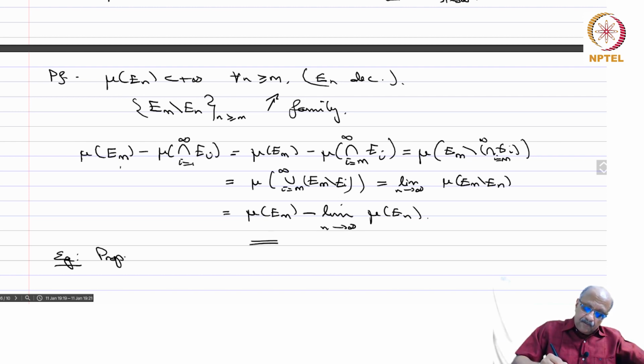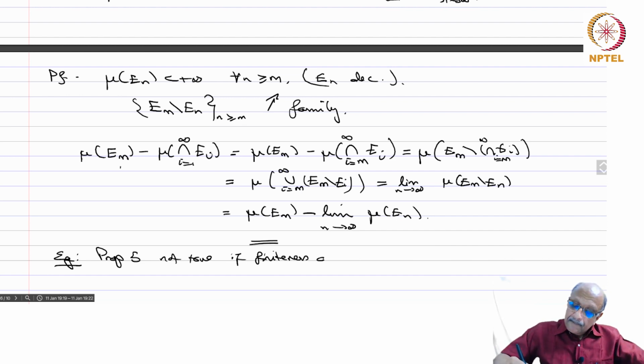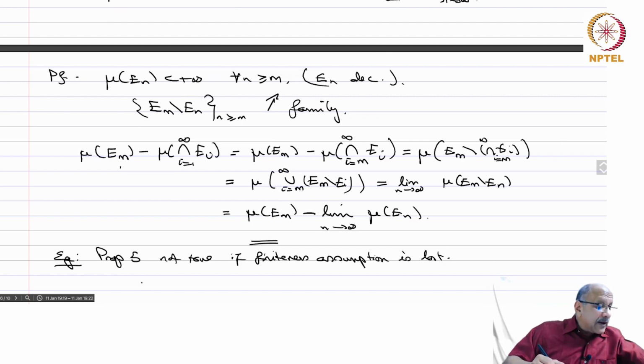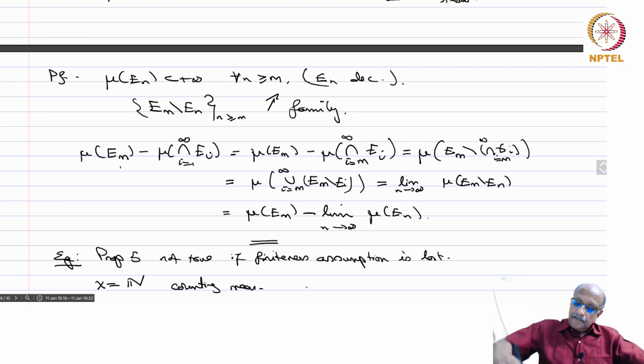Okay, now an example: proposition 5 is not true if the finiteness assumption is lost. So for instance, you take the natural numbers N and counting measure, and you take E_n to be the set of all m such that m is bigger than or equal to n.